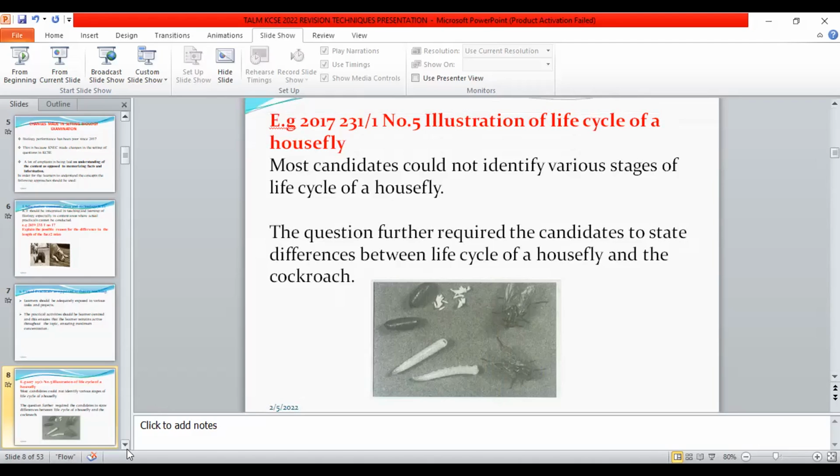Then, to make matters worse, the question further required the candidates to state the differences between the life cycle of the housefly and the cockroach, such that, for example, when you talk about a structure in the life cycle of a cockroach, what we call the nymph, most of the candidates may not even have seen that nymph yet. We expect them now to be knowing the stages.